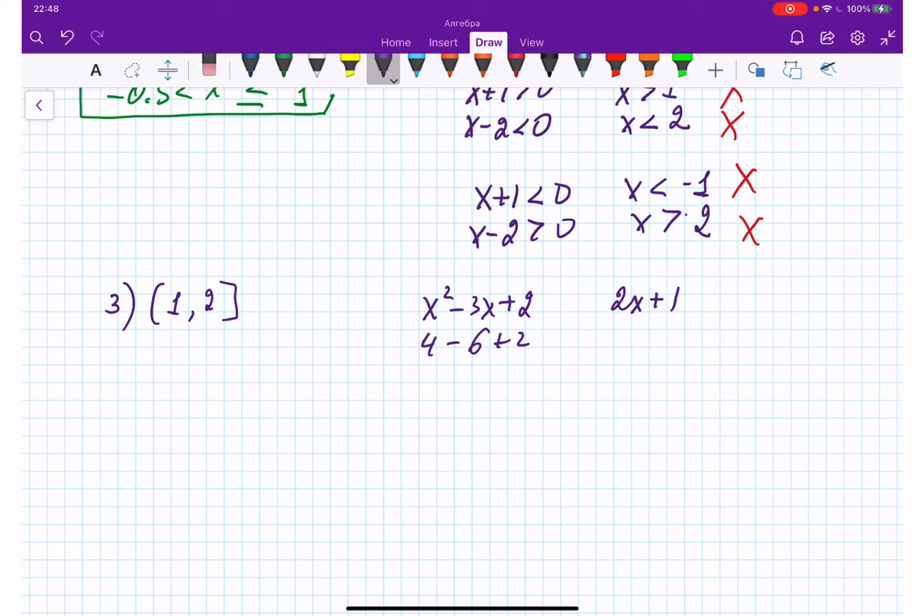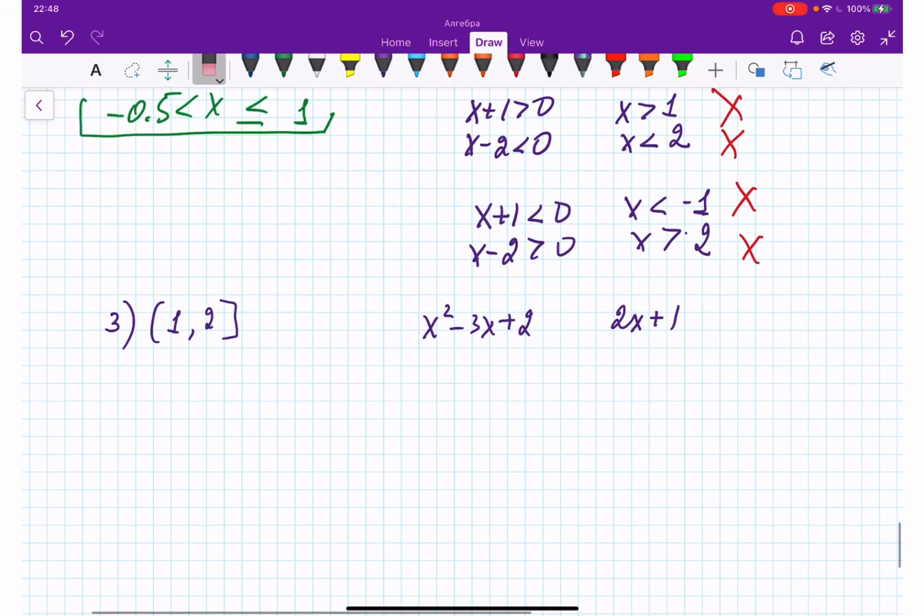Okay, let me take another case, 1.5. Okay, let's take 1.5. We need to find out if it's greater or less. 0 doesn't give us an answer. So 1.5 squared minus 3 times 1.5 and plus 2. 1.5 squared is going to be 2.25.